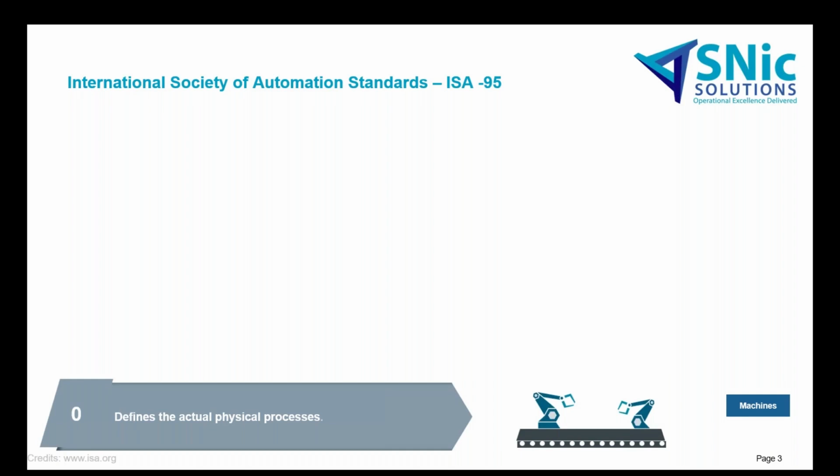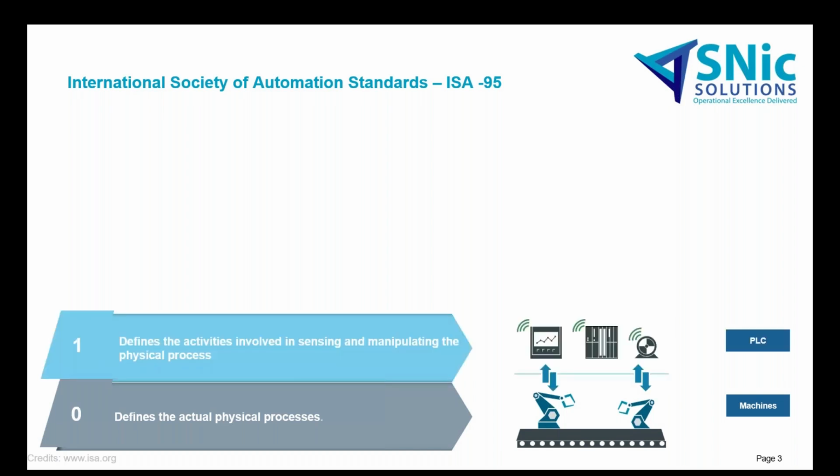It could be simple assembly operations, it could be manufacturing machine CNC operations or bottling lines. Whether you're a batch manufacturer, whether you're a discrete manufacturer, a continuous processor, a mix of all, everything is covered. Basically, everything that is on the shop floor is defined as the actual physical processes.